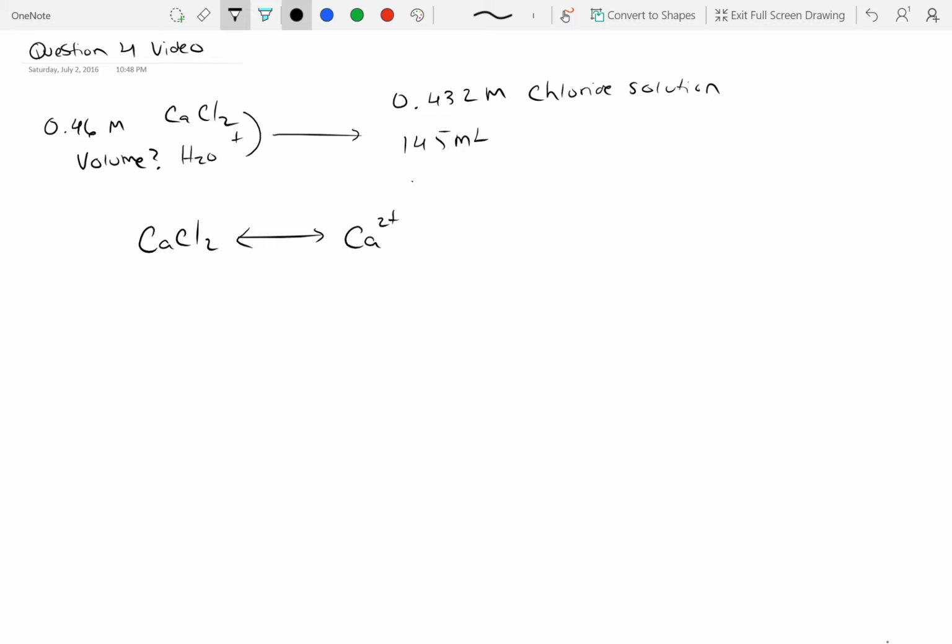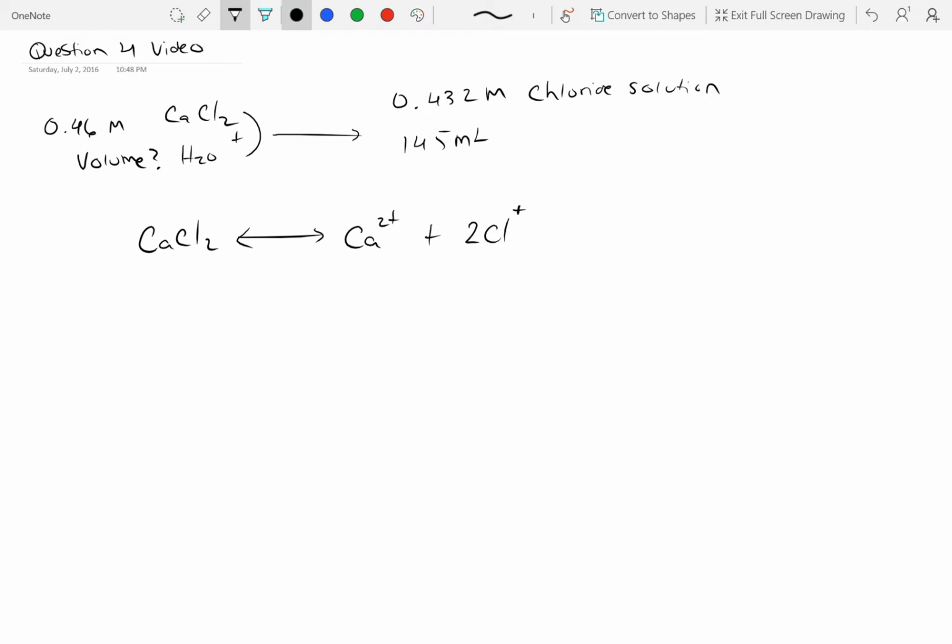If you look in the periodic table, it's a 2 plus. And then Cl, since there's 2 on this side, you have to balance it, so there's going to be a coefficient 2. It's a 1 minus. Okay, so that's the dissociation equation.